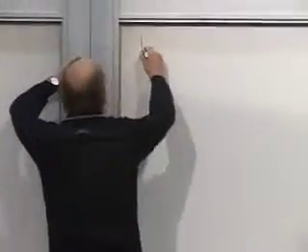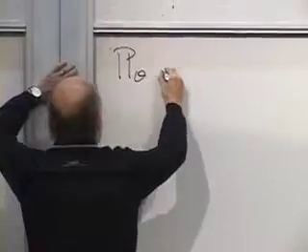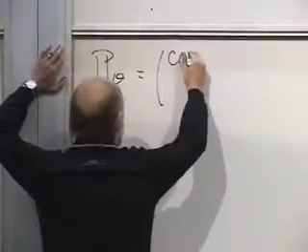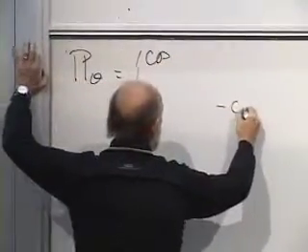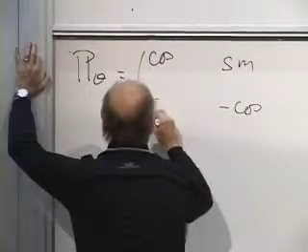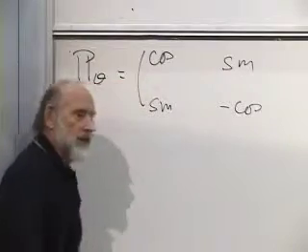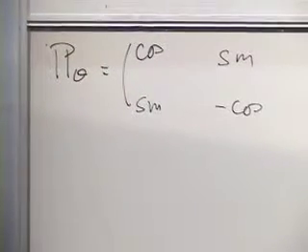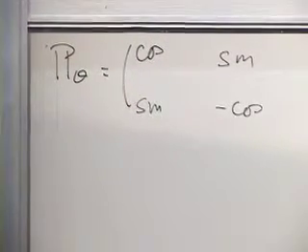P theta is equal to cosine, minus cosine, sine, sine. But cosine and sine of what? Anybody want to guess? 2 theta.